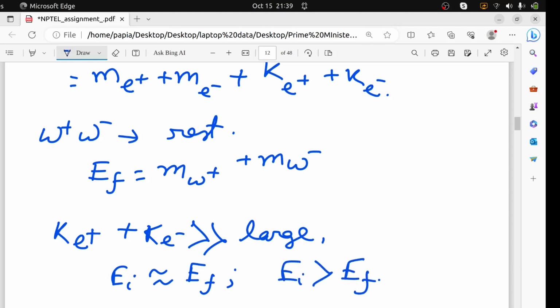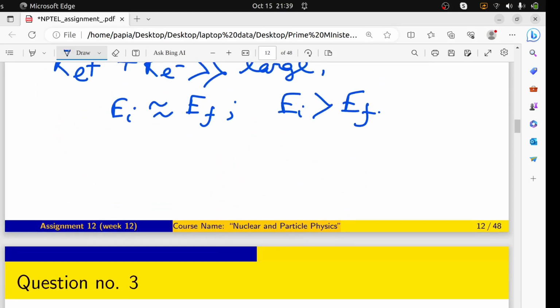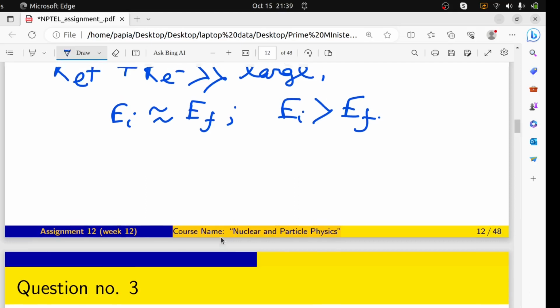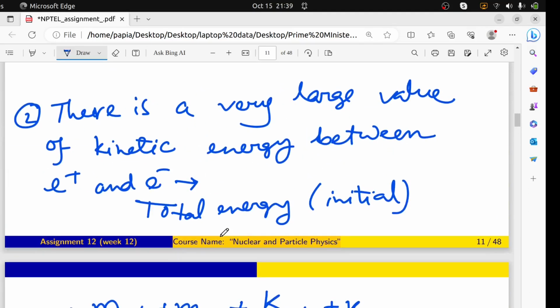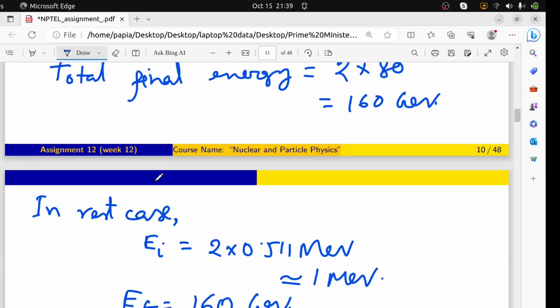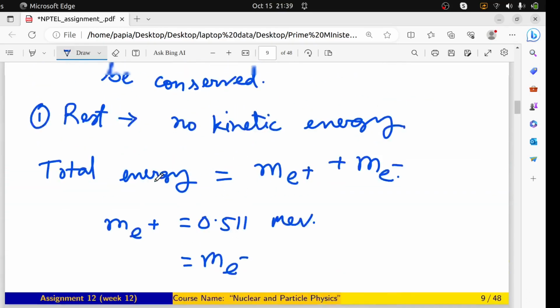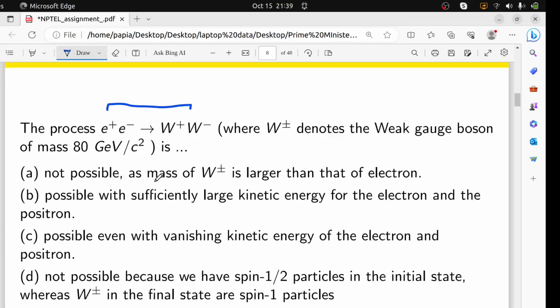So if EI is greater than EF or comparable to EF, then the energy is conserved here, right? So that type of reaction can be possible. So the second option, where e+ e- going to W+ W- can be possible, right?